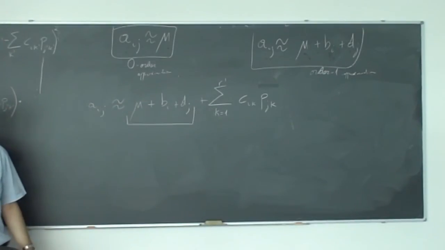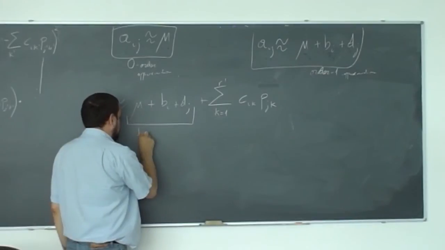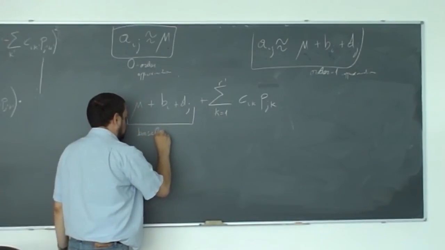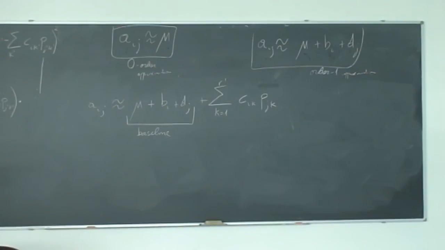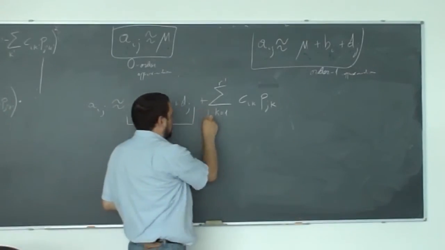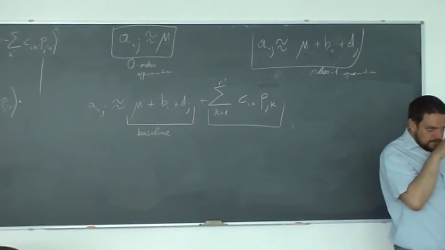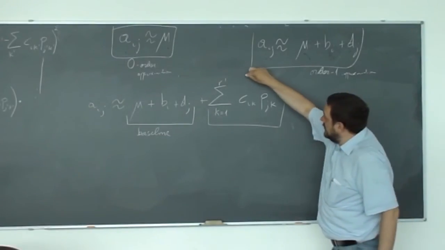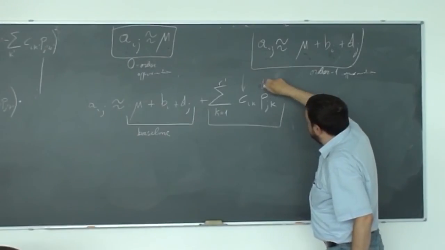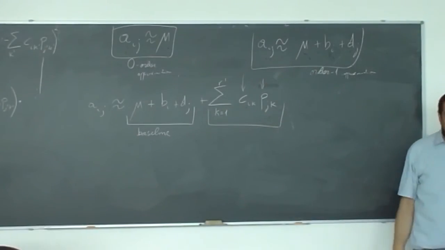This part of the approximation is usually called the baseline. The raw approximation without interaction between users and items. This is the part that takes advantage of the user model and the item model.